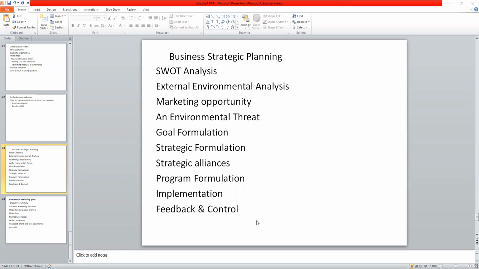Each and every time, external forces are acting upon the businesses or the firms, so one has to monitor key macro environmental forces and also the micro environmental actors which affect the firm in one way or the other.